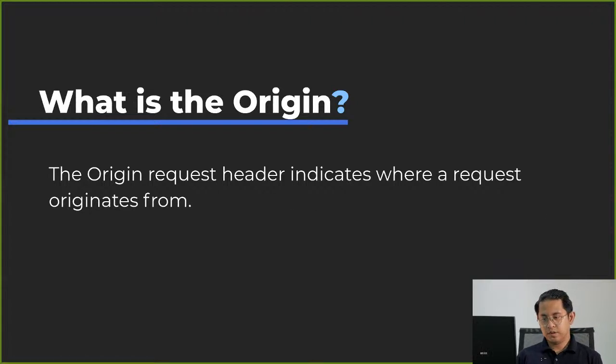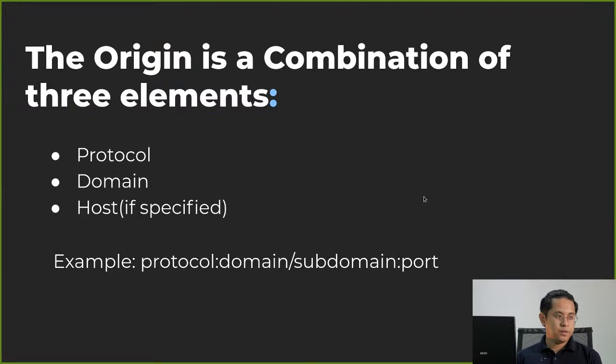So what is an origin? The origin is the request header that indicates where our request originates from. The origin is a combination of three parts: protocol, domain, and port. This is the URL we are talking about here.